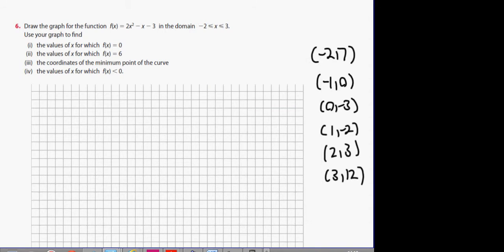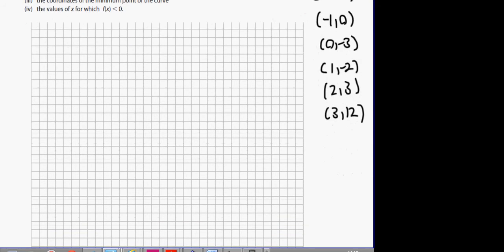Now, what's our y max and y min? Y max? 12. Y min? Minus 3. So it's actually not too bad, okay? So I reckon we can probably go up in 2s, can't we? We'll see now. Okay, so we're going to draw our line here.